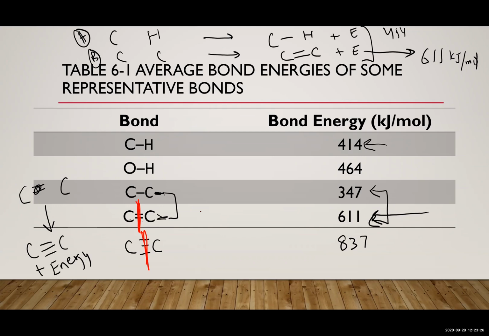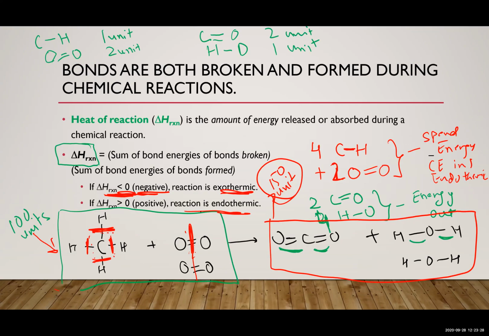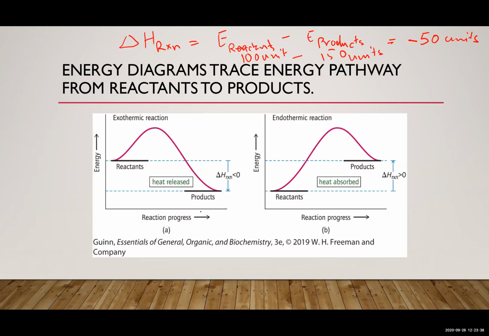Okay. So that's the formula: energy of reactants minus energy of products. You just calculate how much energy you consumed on the reactant side and how much energy you produce on the product side. Just take the difference.